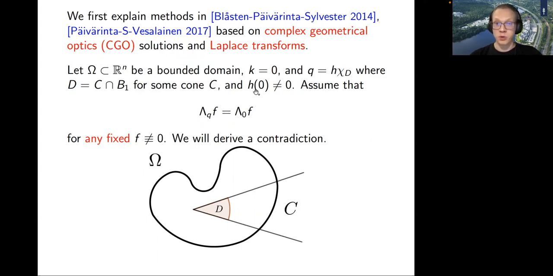And this h will be a contrast, which is non-zero at the corner point. So we have an obstacle which has a corner point, and we assume that Λ_q f is equal to Λ_0 f for some fixed f, which is not identically 0. So somehow this obstacle here is giving the same measurement as empty space, and we want to derive a contradiction.